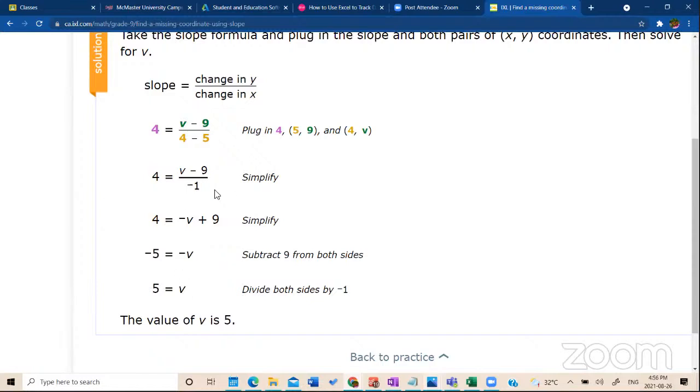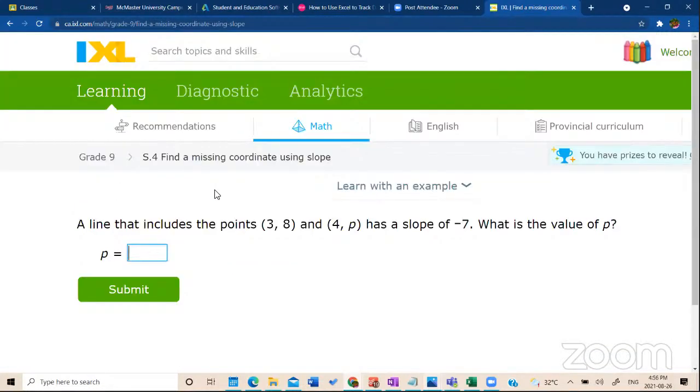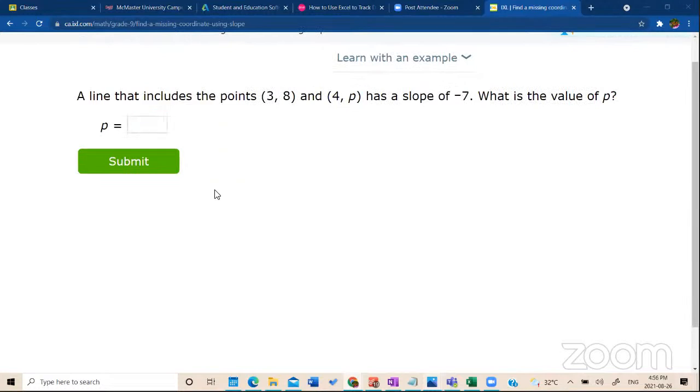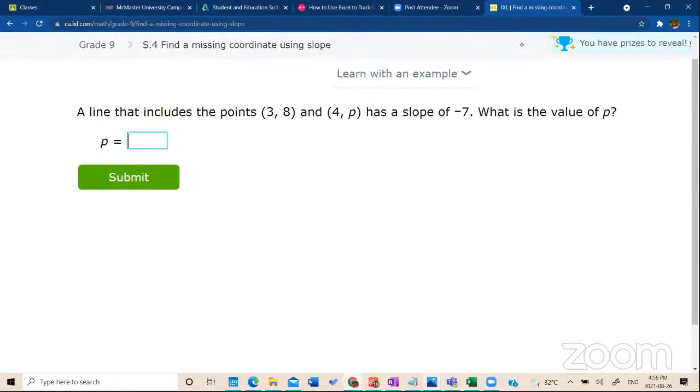Okay, so over here it takes a little bit more work, but let's try this one. It's going to be 8 divided by 4, which is 2, and we are going to do 2 divided by negative 3.